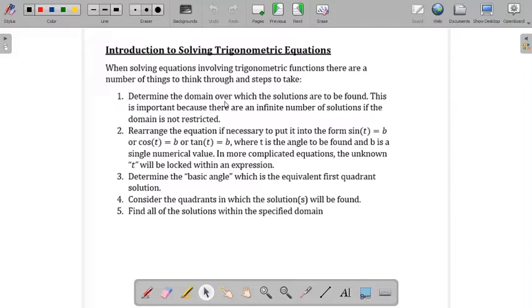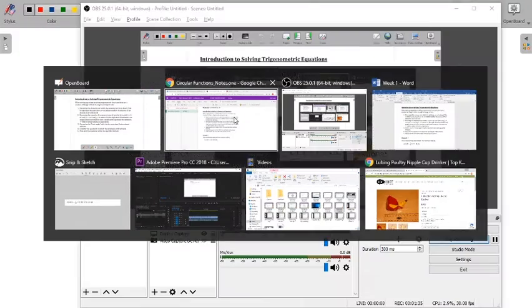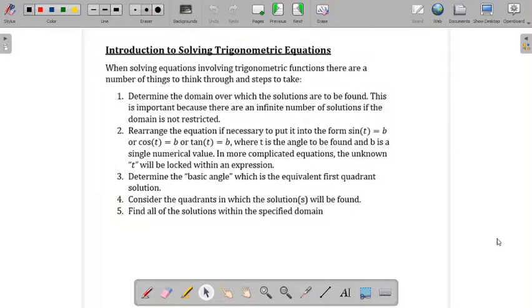Once we've identified the domain, the next thing to do is to rearrange the equation if necessary, to put it in the form sine of whatever's in the brackets equals b.